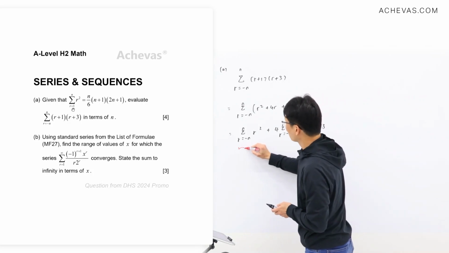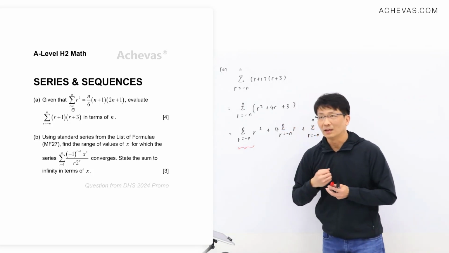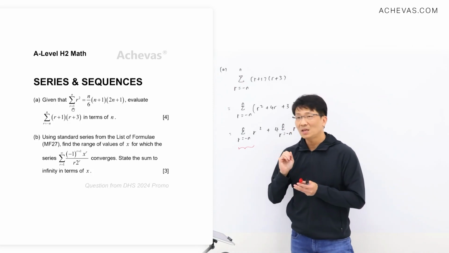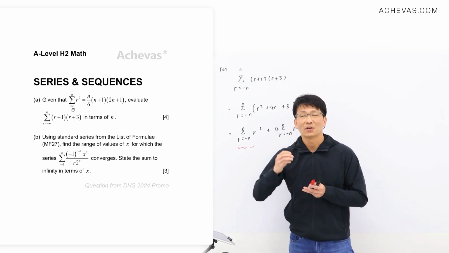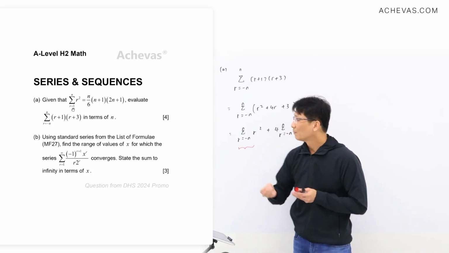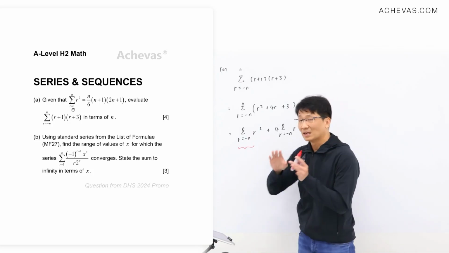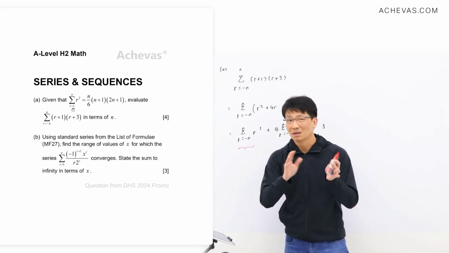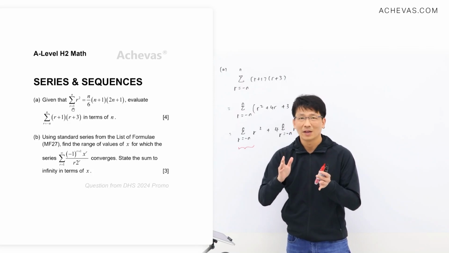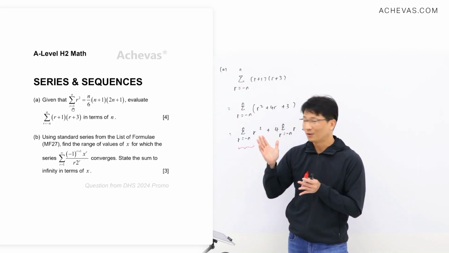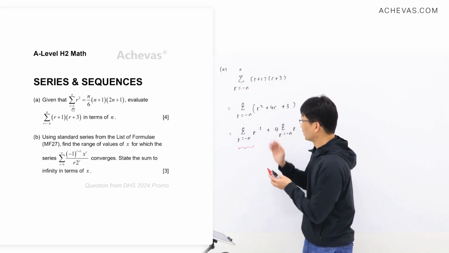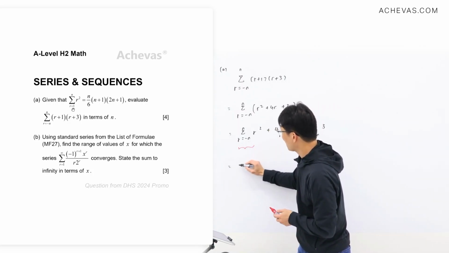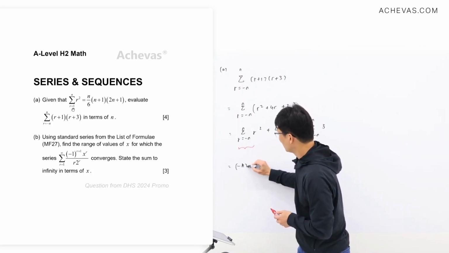Sometimes if you are stuck or do not know how to approach this, it might be a good idea to sub in the first few terms first. When you are subbing in the first few terms and the last term, sometimes you'll be able to identify a certain pattern in it. And hopefully from there, we have a clearer direction on how to approach this question. Here, I'll just sub in the first term, which is minus n. I'll get minus n squared.